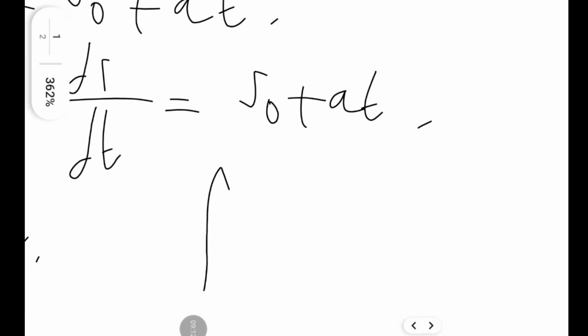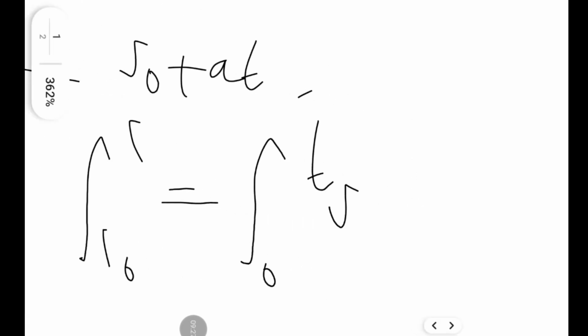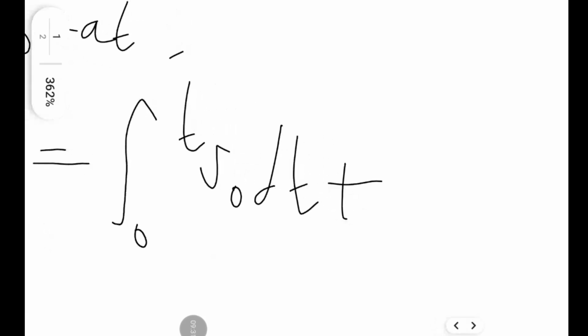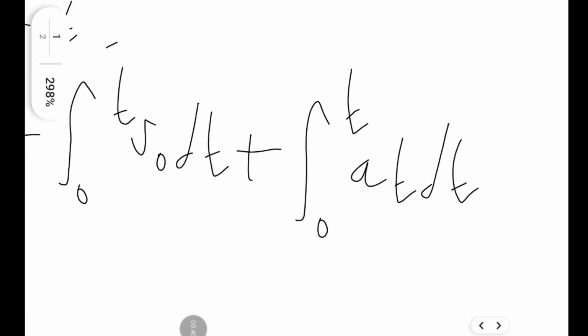Now we can get it into this form here: the integral between r0 and r is equal to the integral between 0 and t for v0 dt plus the integral between 0 and t of at dt.